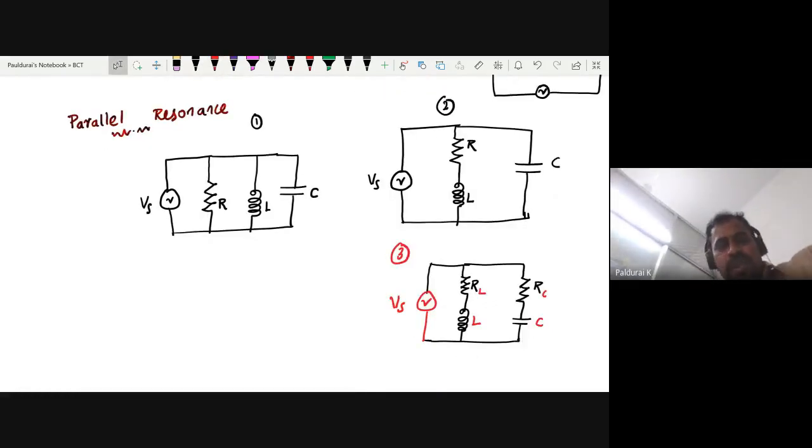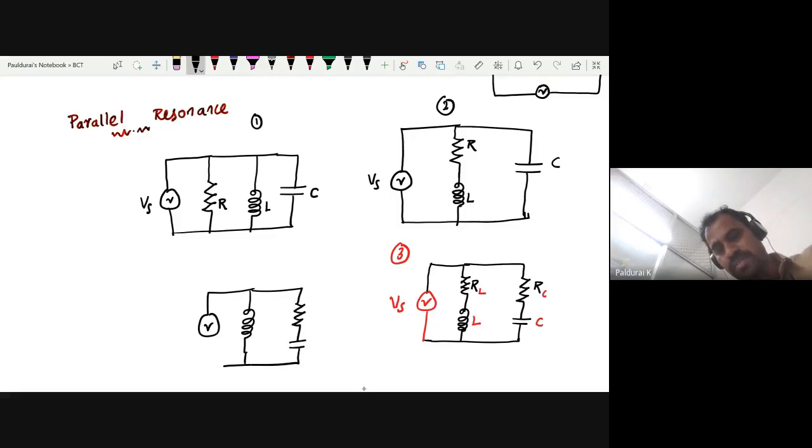Any other circuit? Yes, sometimes the capacitor alone may have its own internal resistance. This is L, so this time I can keep it as R alone since there is only one R. So this is also possible. This is circuit 4.